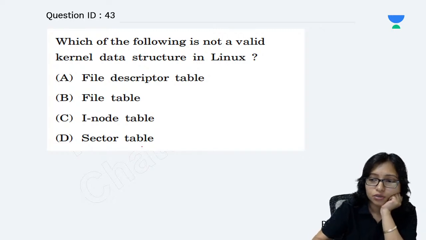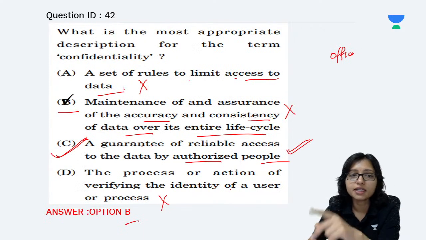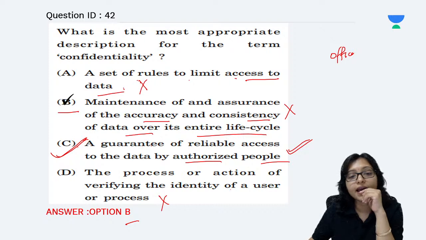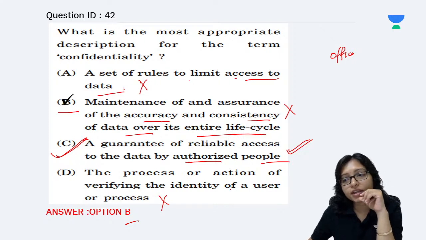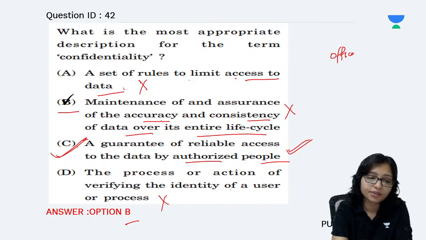Here I am telling you some definitions of confidentiality, integrity and availability. Confidentiality is roughly equivalent to privacy. Confidentiality is designed to prevent sensitive information from unauthorized access.